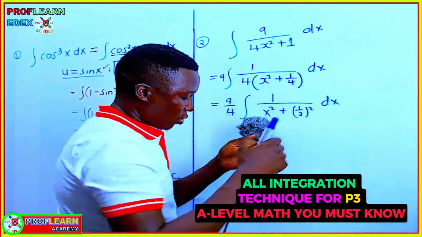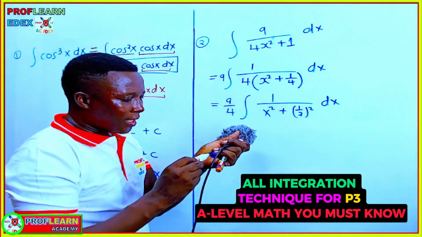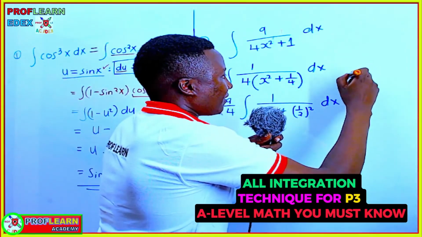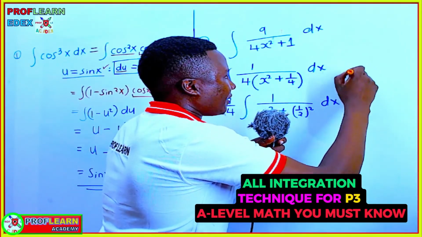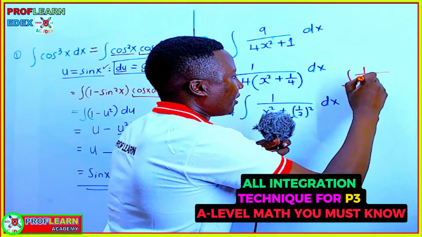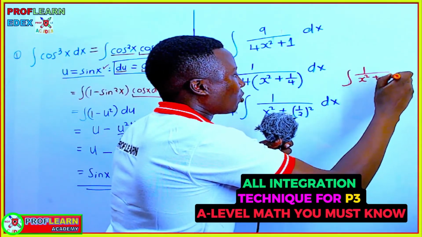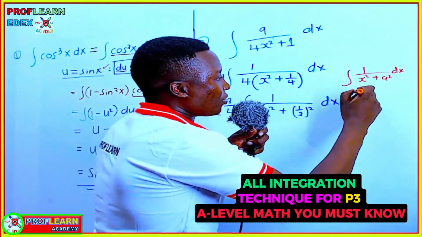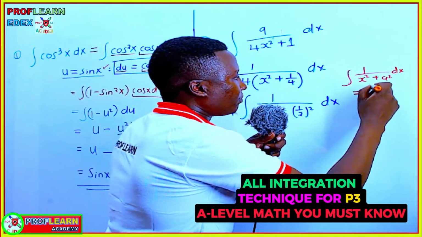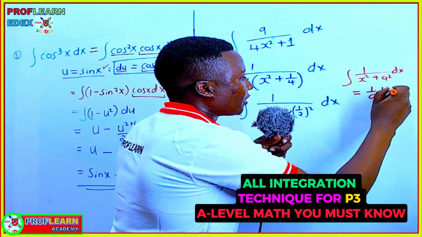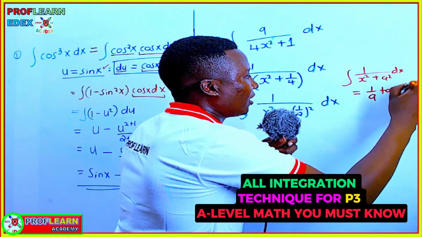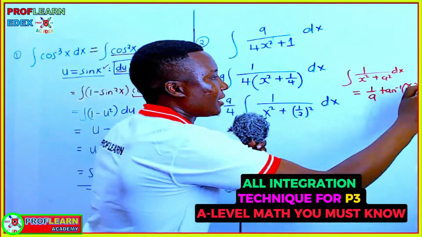Remember, you had learned that if you are integrating 1 over x squared plus a squared with respect to x, this is going to be 1 over a tan inverse of x over a, like that, then plus c.